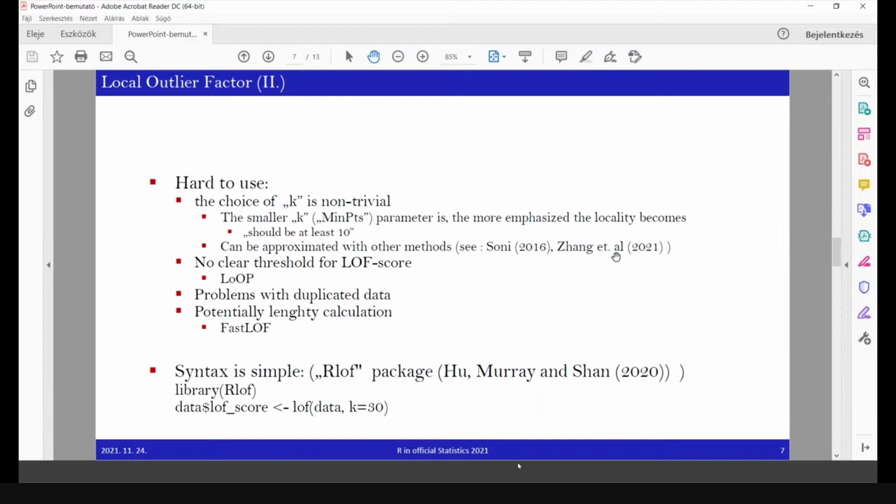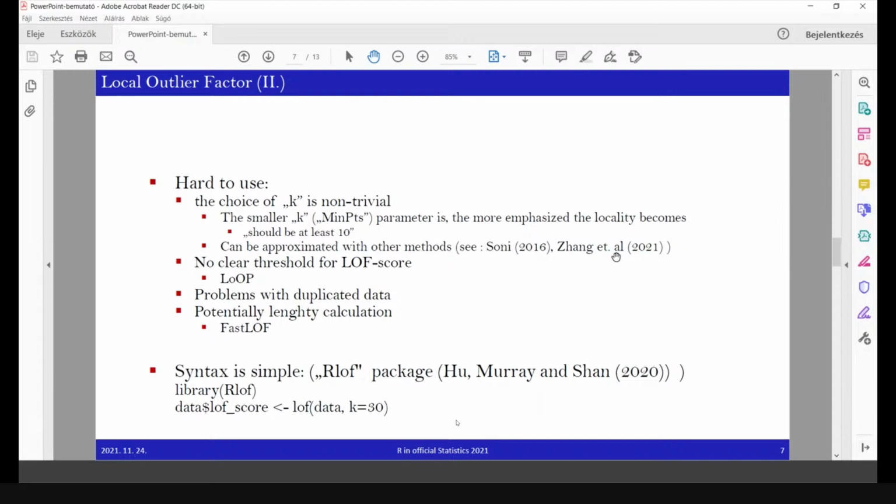The second problem is that there's no clear threshold for the LOF score. So again, the closer it is to 1, the more likely it is to be an inlier. But there is no clear threshold, say from 1.6 onwards, it's an outlier. For this, there are a couple of things we can consider. First, we can just take the top 5% of the LOF scores as observations and mark them as outliers.